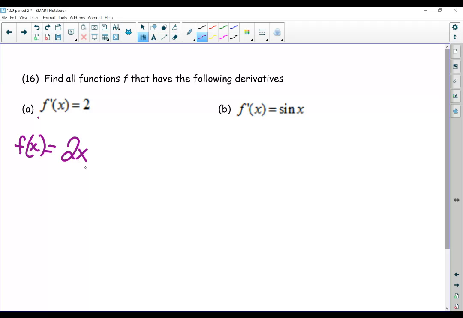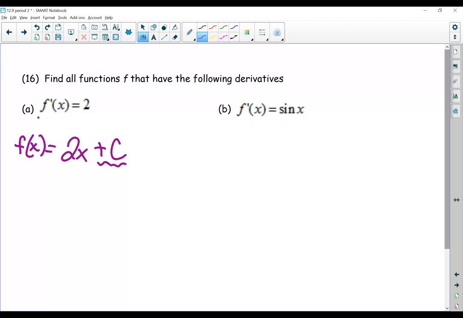So we know there could be a constant, and those constants can be different. And so I'm just going to say 2x plus some constant. So multiple functions have the same derivative. So if we're going backwards, we know that those functions are always going to vary just by their constant. So we just put a little plus c to represent all the different constants that we could have.